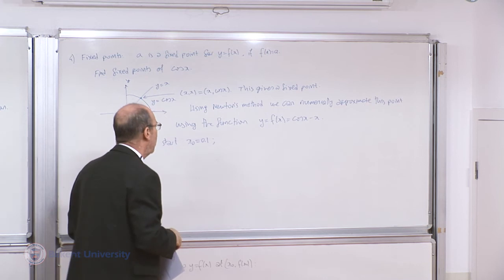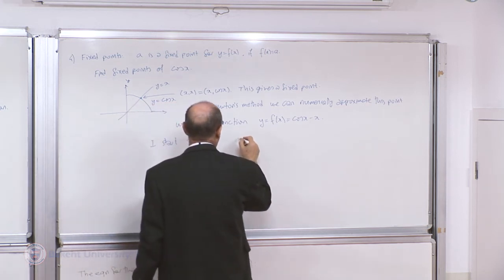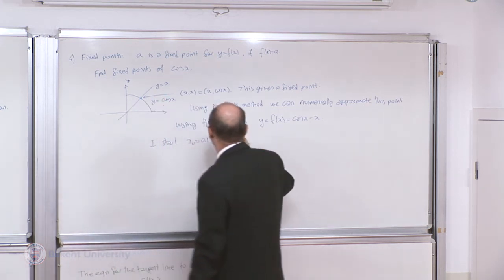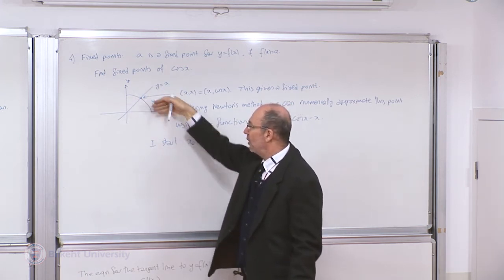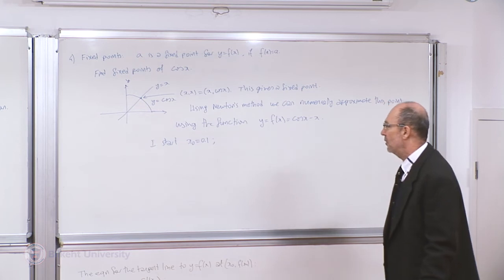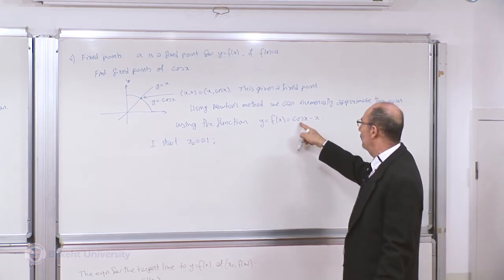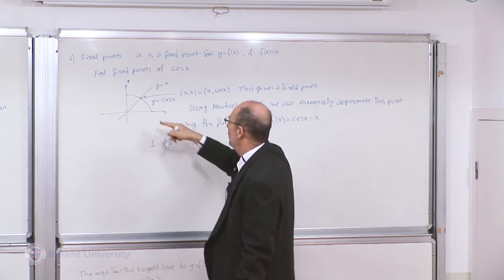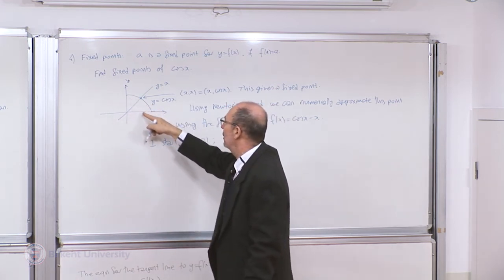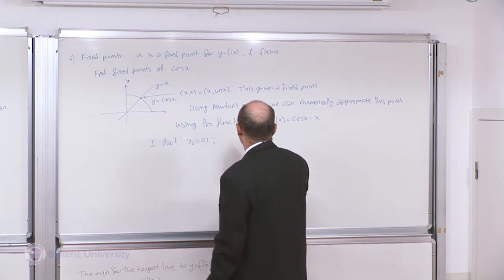Okay, so let us write the graph of this. So this is the graph of the tangent line. But of course, I'm not writing the graph of tangent line now. We are writing the graph of something else. We are writing the graph of cosine x minus x. So it will go like this down, and it will go like this, and here it will cross the x-axis.